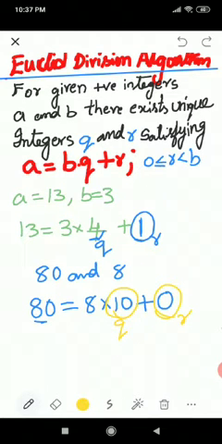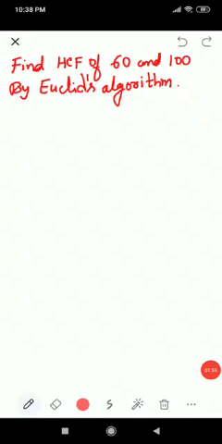Now we will discuss finding HCF by Euclid's division. Here is the question: find the HCF of 60 and 100 by Euclid's algorithm. Here we use the Euclid division algorithm in continuous steps until we get a remainder 0. Let's see how we continue this Euclid division algorithm stepwise.